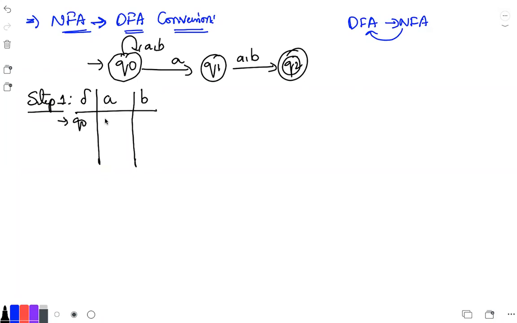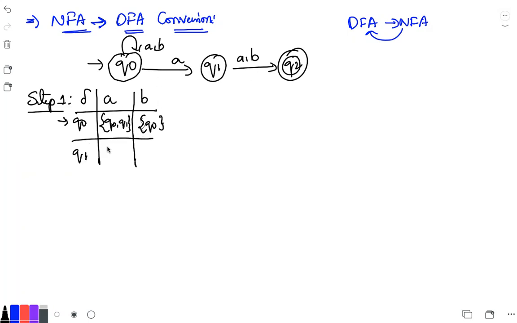Q0 on A, Q0, right? Q0 on A, Q1 also. You have to write like this, a set kind of notation: Q0 comma Q1. Q0 on B, Q0. Next Q1.